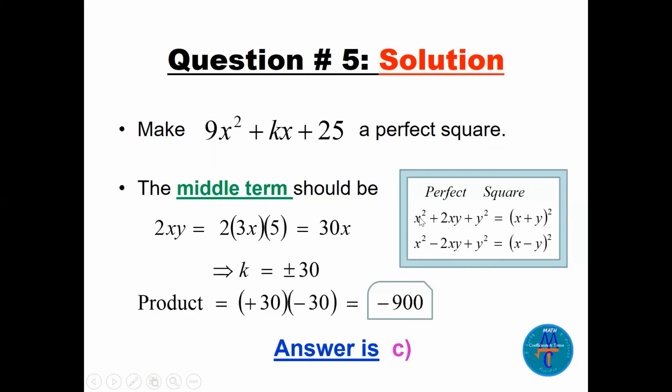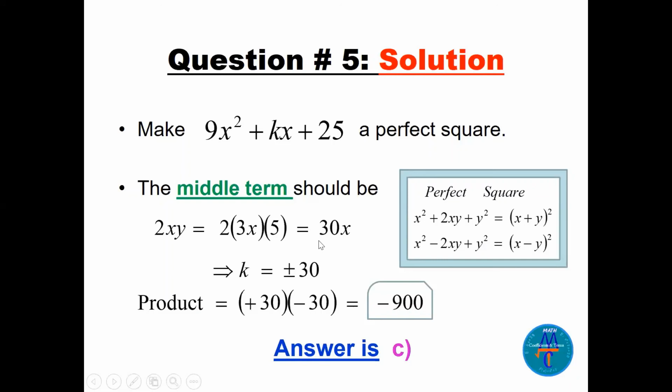See the middle term here, 2xy. 2 and x in the middle will be 3x. From where we get 3x? From this one, 3x all squared. 5, you get from this 5 squared. So 2 times 3x times 5. Remember, this is 2xy from the formula. We call this the middle term. So 2 times 3, 6 times 5, 30x.